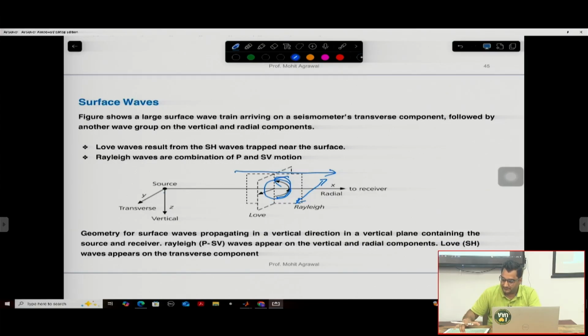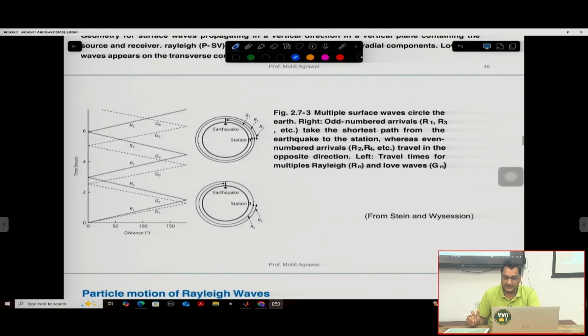So this is the travel time curve. On the x-axis you have the distance, on the y-axis you have the time. Because the surface waves, compared with the body waves, have a smaller geometrical and attenuation factor, they can travel around the globe multiple times.